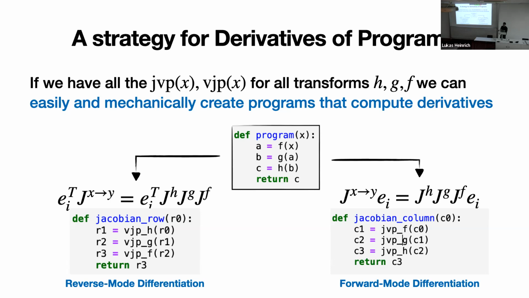That's why it's called reverse mode differentiation. In reverse mode, we do the gradient computation that corresponds to the late transformations first, and then we work our way backwards.